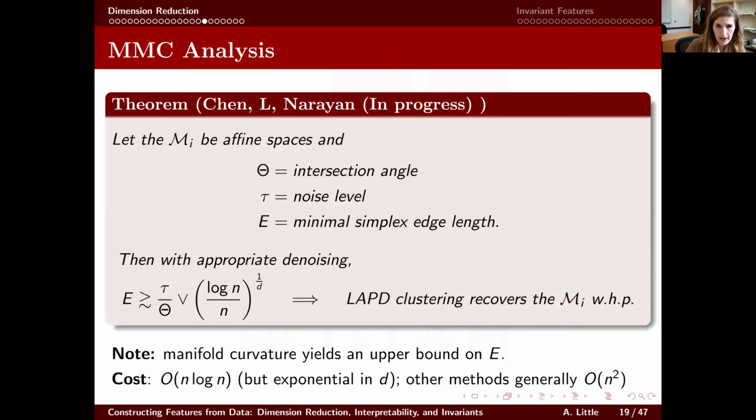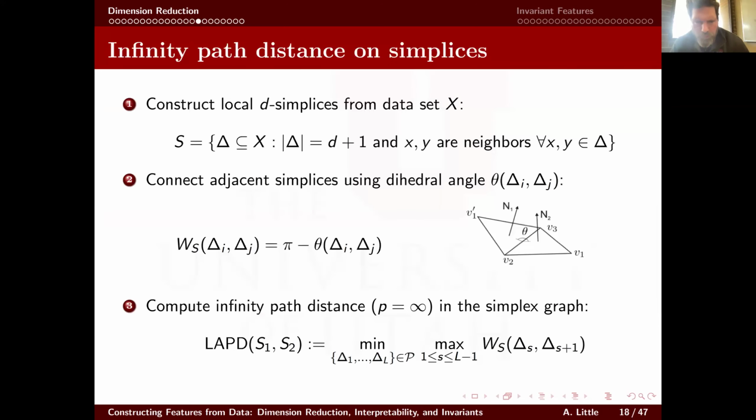Okay, so Anna, yes. Can you go back to that slide with the angle? So should I think of an affine subspace containing V1, V2, and V3 versus V1 prime, V2, and V3 and hunt for a principal angle to get theta? Yeah, so what's going to happen in a higher dimensional space is that this shared face is always going to be d-1 dimensional.